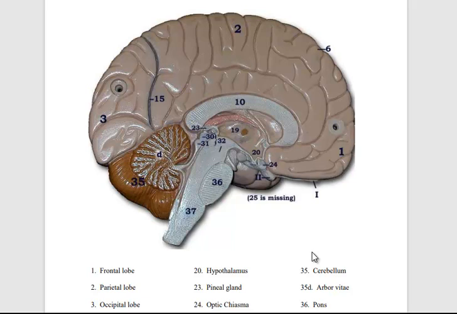So this is the little gland, the part of the brain that makes melatonin. But you need sunlight to influence it. Obviously when your days are shorter versus when your days are longer, you're going to have a different effect out of the pineal gland.